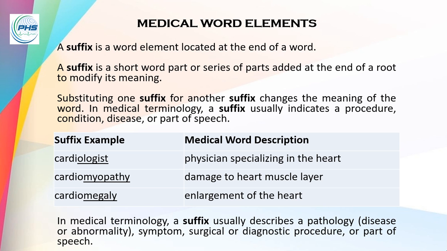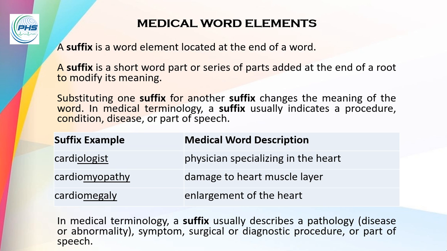We will look at a couple of examples for suffix. We will retain the root word cardi, that is heart, in all three examples, and only change the word endings, that is the suffix. Examples are cardiologist, a physician specializing in the heart. Next is cardiomyopathy, which is damage to the heart muscle layer.